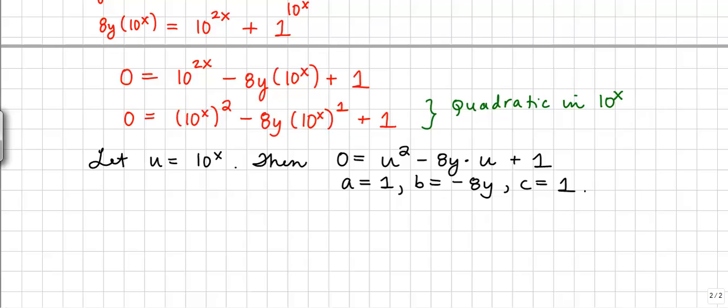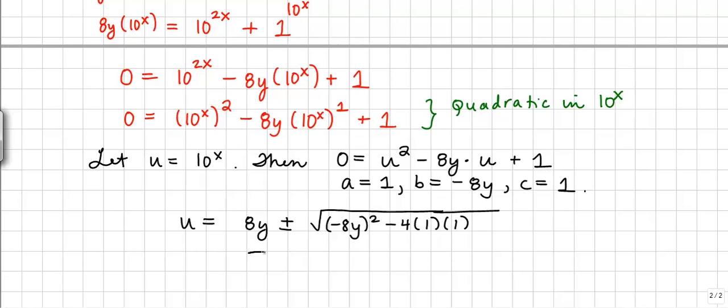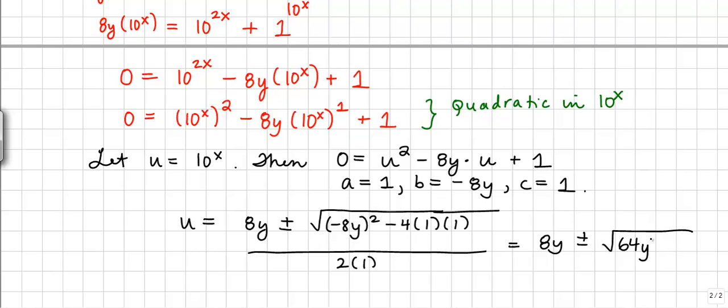Okay? So let's use the substitution equation for just a moment. We would have u equals the opposite of b plus or minus the square root of b squared minus 4 times a times c, all divided by 2 times a, or u equals 8y plus or minus the square root of the quantity 64y squared minus 4, all divided by 2.